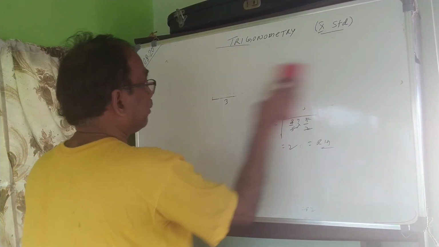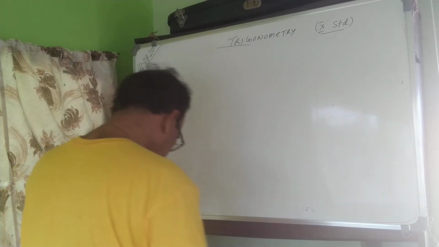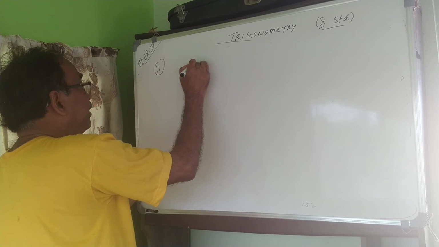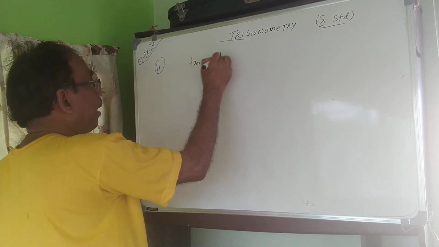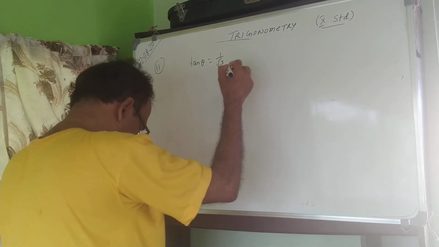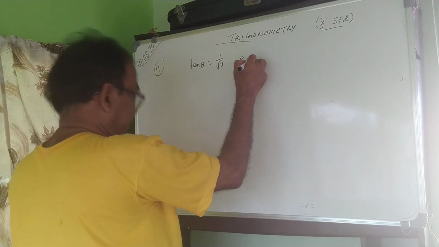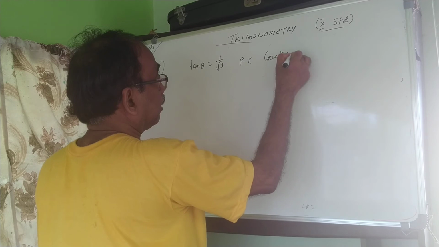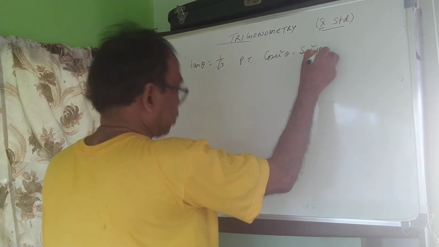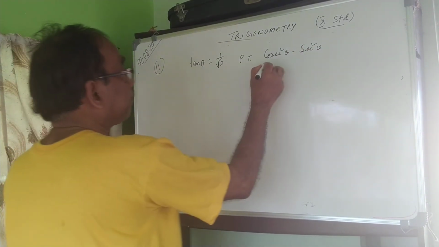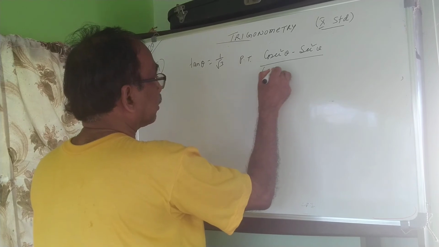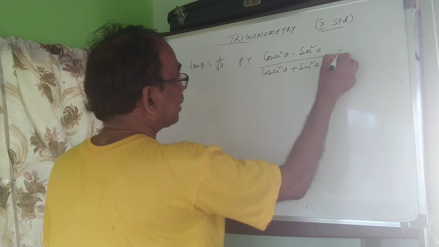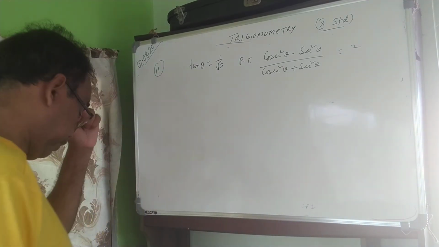Sum number 11. Tan theta is 1 by root 3. Prove that cosec square theta minus sec square theta by cosec square theta plus sec square theta equals 2.